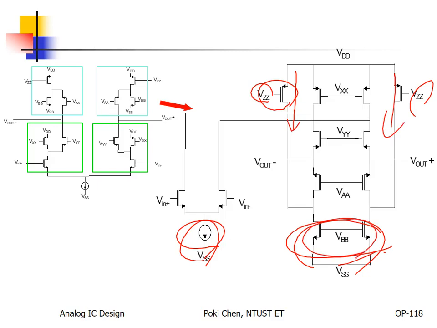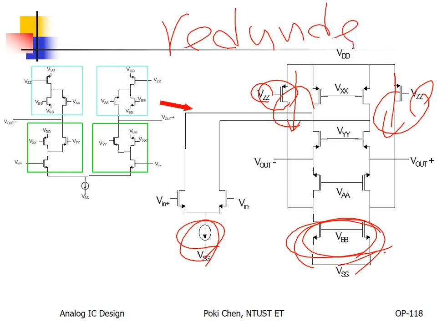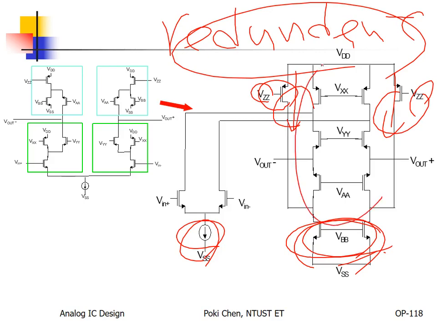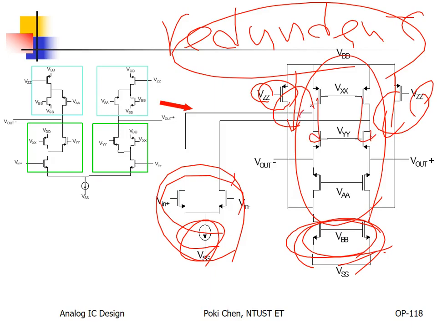But those two currents are actually redundant, because they are not involved in the real operation of your operational amplifier, because the differential input is changed into output current and flows from here to the output.